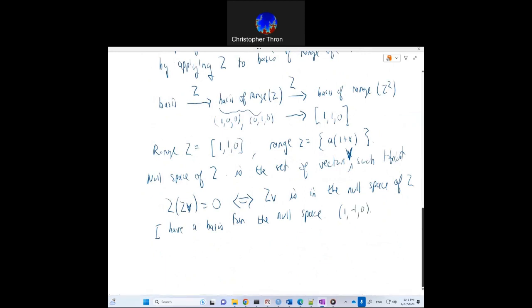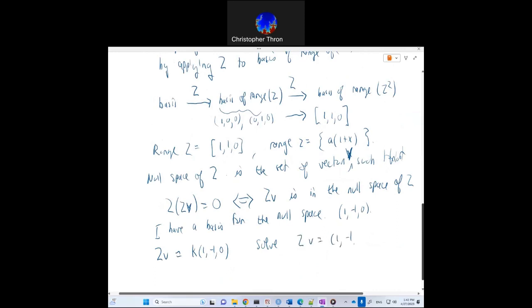So that means that zv must be some multiple of 1, minus 1, 0. Now, you can see that this multiple will only change the v by a multiplier. So let me solve zv equal to 1, minus 1, 0. So we choose k equals 1. If I had another value of k, then v would just be multiplied by the same constant.